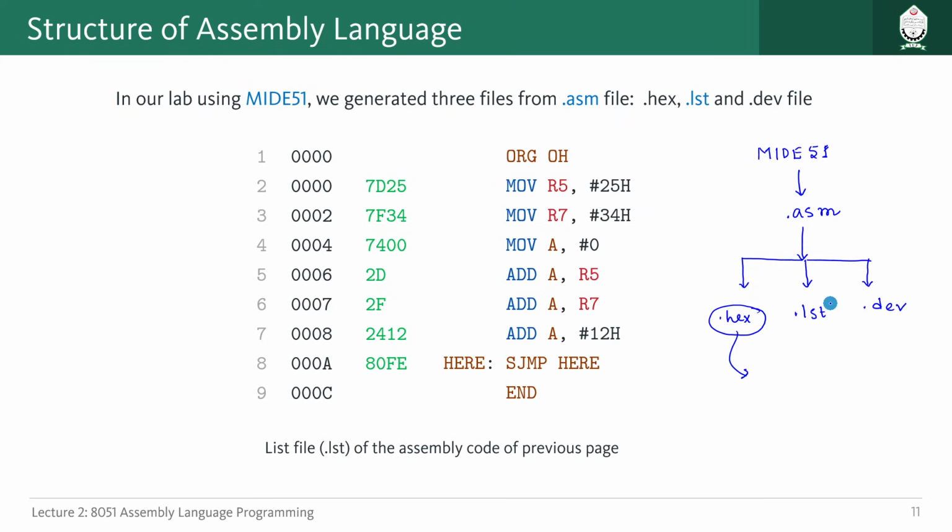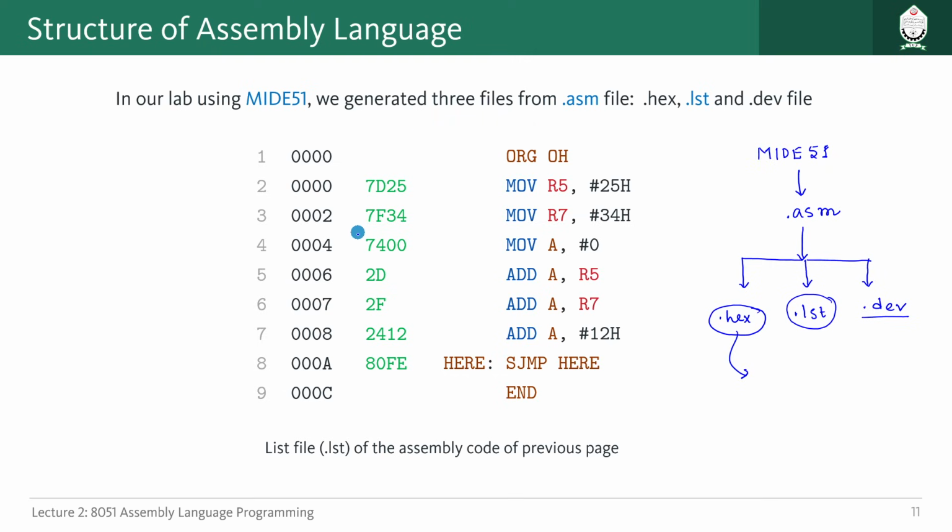But you are also going to see that we had a list file and this dev file, right? So this .lst file, if you open it with any kind of notepad, you are going to see information like that. Here they are trying to say that this is the code you have written in assembly, and this is the converted machine code from that.